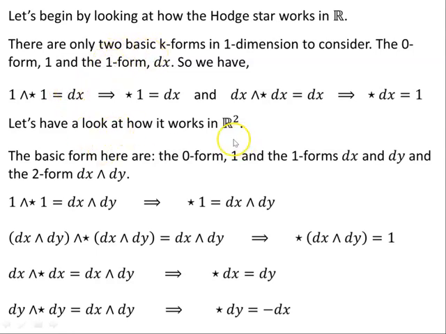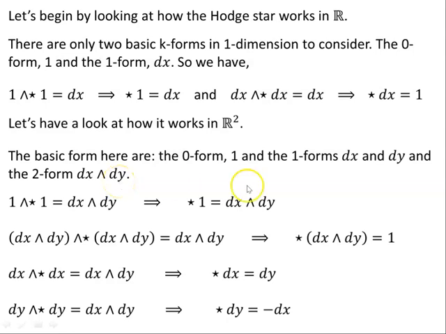Let's now move on and have a look at R2, two dimensions. Here we're only in Euclidean space, hence R2. The basic forms here are the zero form 1, the 1-forms dx and dy, and the 2-form dx wedge dy.